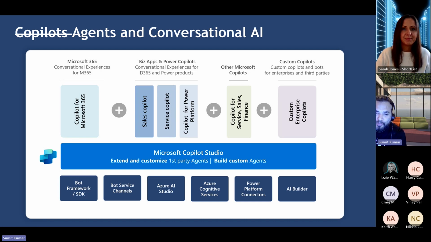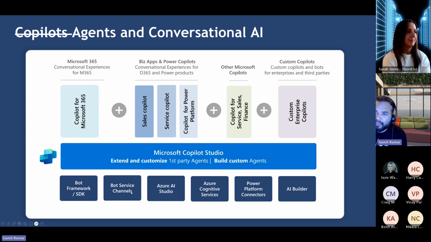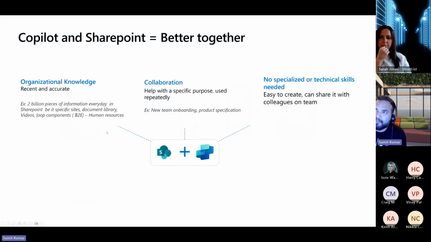There, if you create an agent, it opens up in Copilot Studio. That means more power to Copilot Studio. It is being streamlined across the board. Any Copilot that you build today would be extended by Copilot Studio. And all those functionalities that were there, Bot Framework, and if you want to extend beyond, you have Azure AI Studio as well. All that firepower is still there, but it's this new functionality about agents working on your behalf. I think that is quite an interesting space.